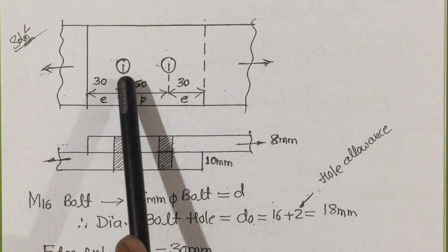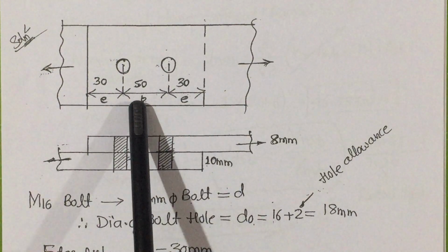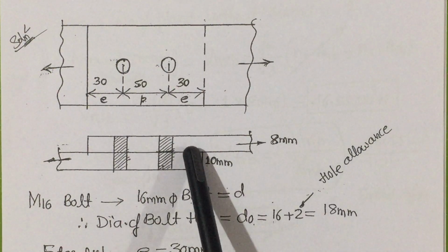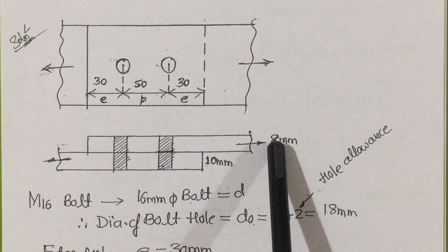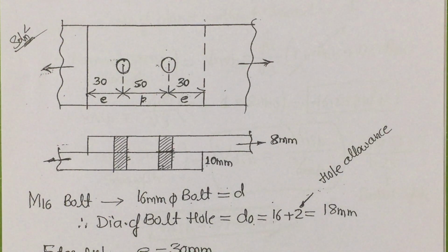Then the diagram is given in the question itself. Here the plate is given, the bolts are provided, edge distance and pitch distance are provided, and the lap joint is shown. Two plates are there of different thickness, 8 and 10 mm.